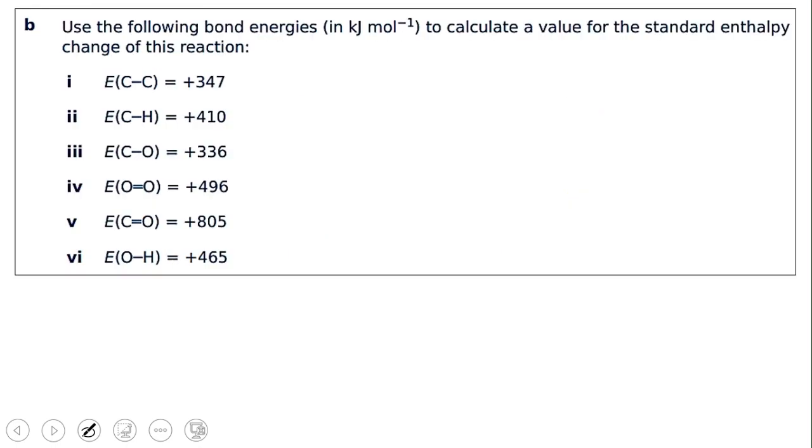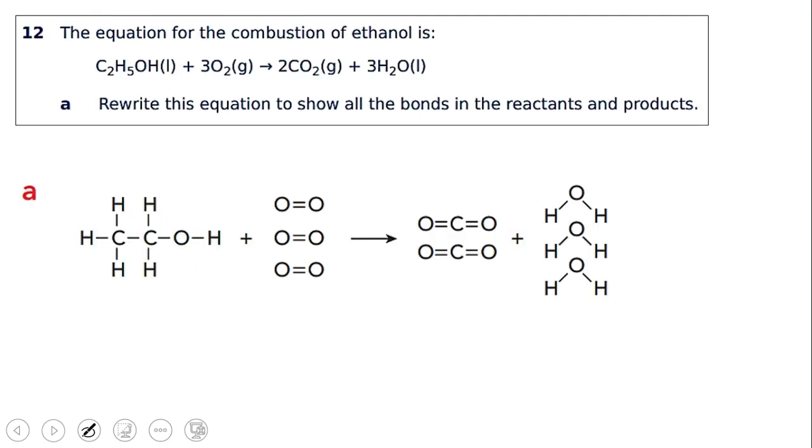Part B, use the following bond energies given in kilojoule per mole and calculate a value for the standard enthalpy change of the reaction. In the first line it is given that this is the combustion of ethanol. In this reaction we have two sides of the equation: the reactant side and the product side.